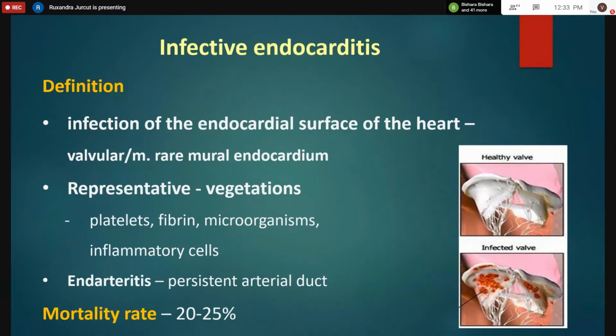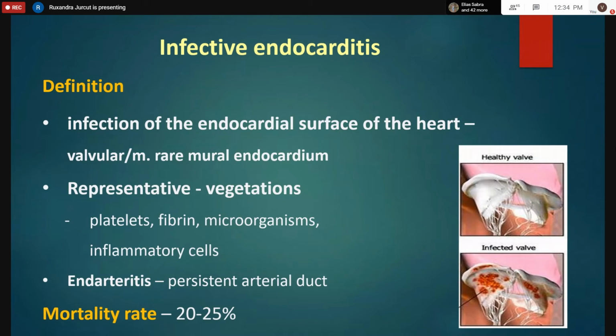Infective endocarditis is a very dreaded complication, mainly of valvular heart disease, because it is an infection of the endocardium of the valves in general, much more rarely the endocardium of the walls of the heart, which can still happen when there are defects of these walls, like, for example, a ventricular septal defect, or less often an atrial septal defect.